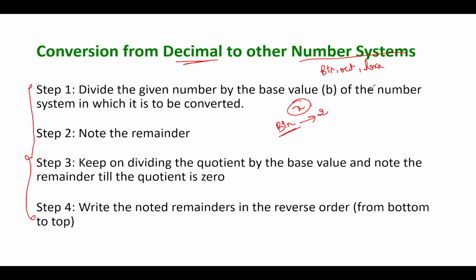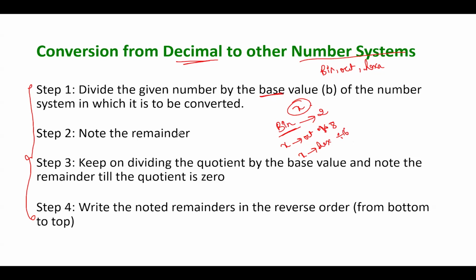That is the base of the number system to which I want to convert. If I want to convert x into octal, then I will divide it by 8. That is the base of the octal number. If I want to convert x to hexadecimal, then I will divide it by 16. So this is how we will do it.